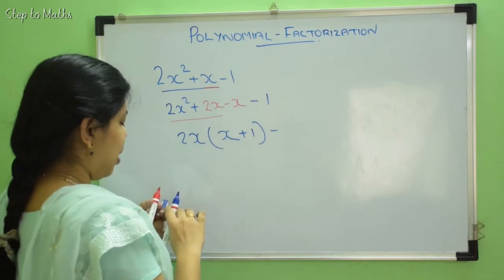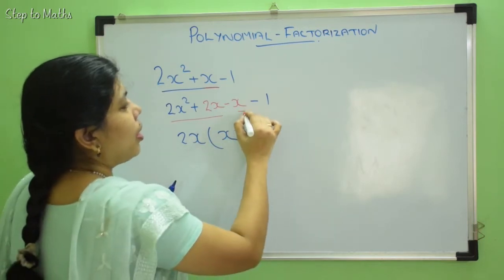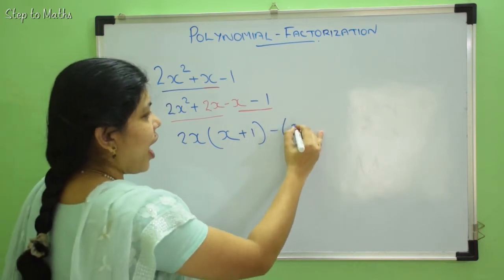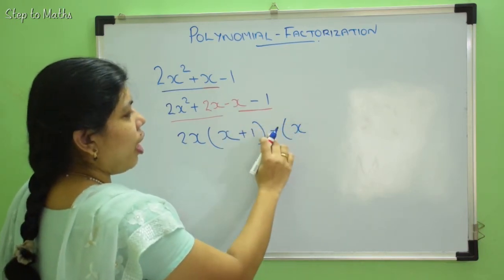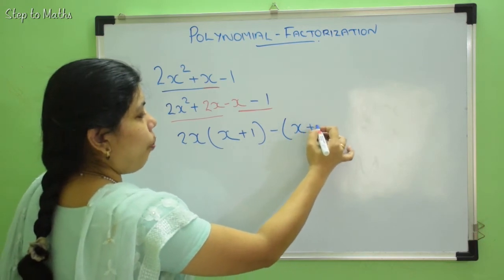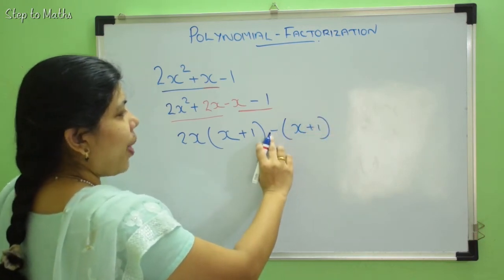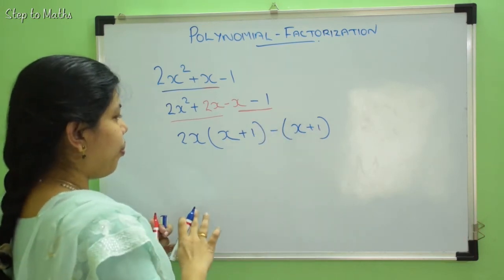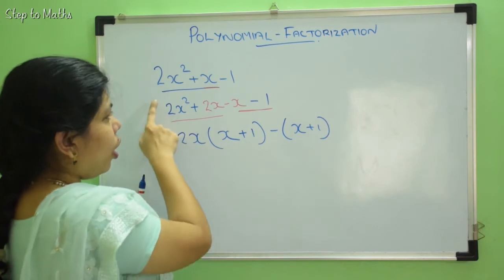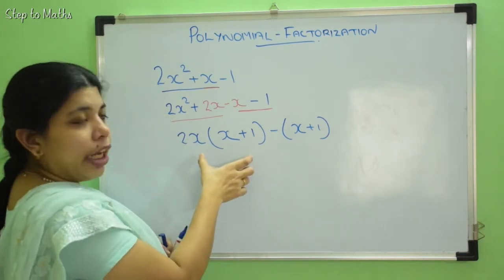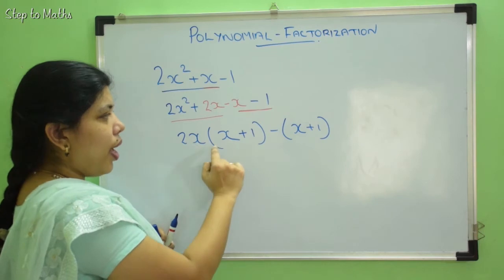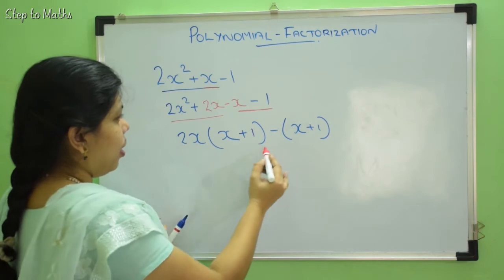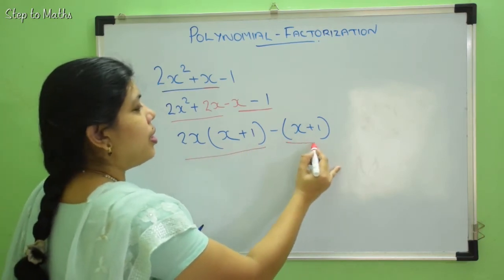Then consider the next two terms together: minus x minus 1, taking minus common, that is minus (x plus 1). Now the given polynomial is in the form 2x into (x plus 1) minus (x plus 1). This is one term and this is one term.